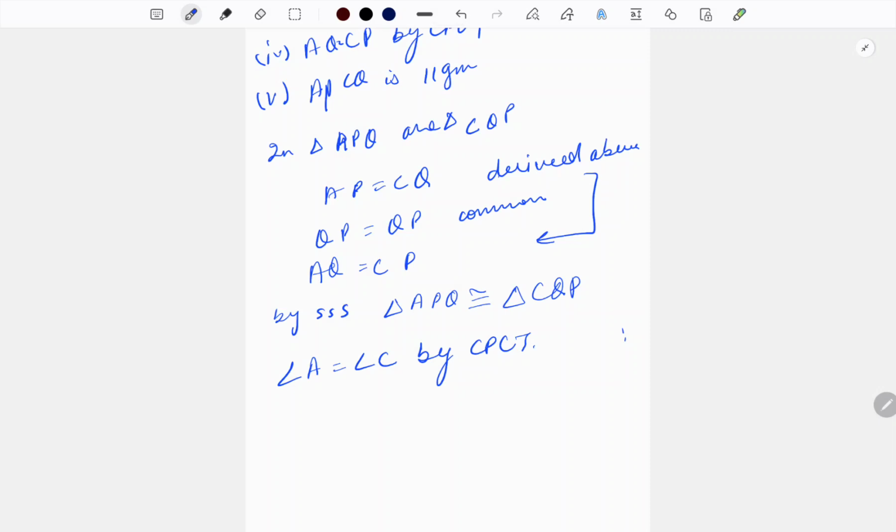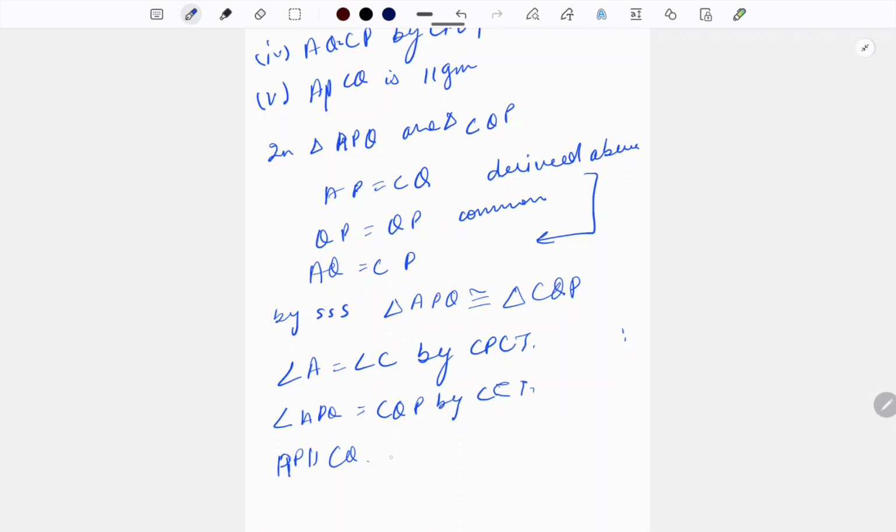Similarly, angle APQ is equal to angle CQP by CPCT, and therefore AP is parallel to CQ.